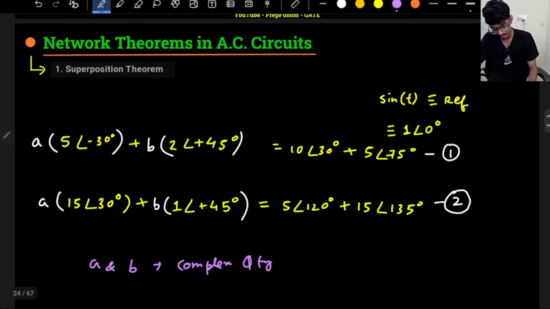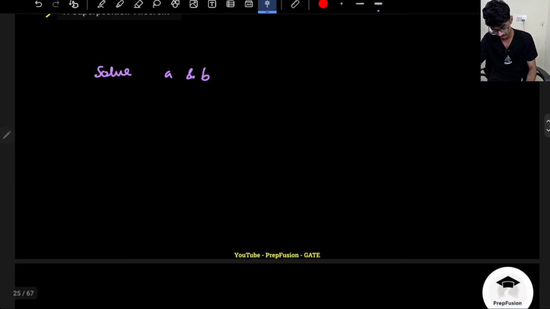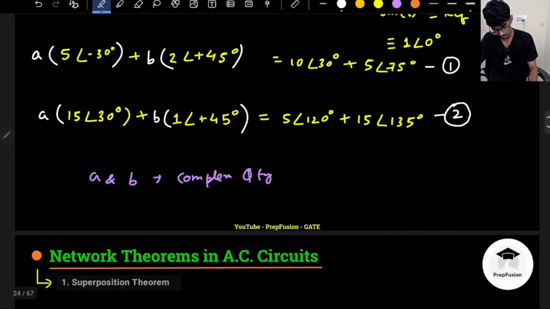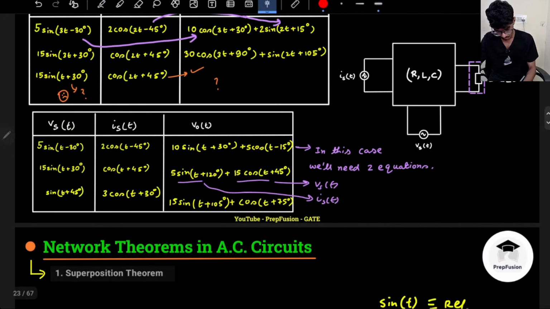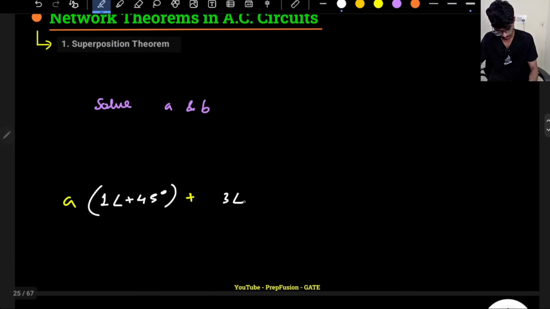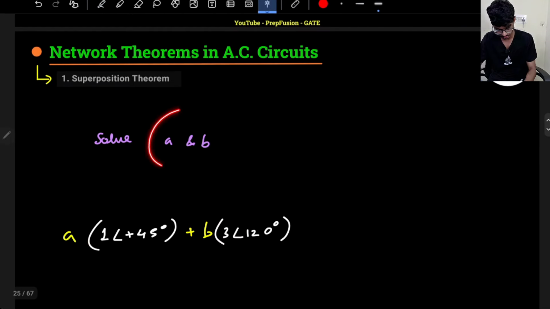Now after solving A and B, if the source has changed to sin t plus 45, it is put in equation 1 into plus 45 degrees into A, plus this one is 3 angle 120 into B. Of course you know what A is and what B is, because you have solved for them.